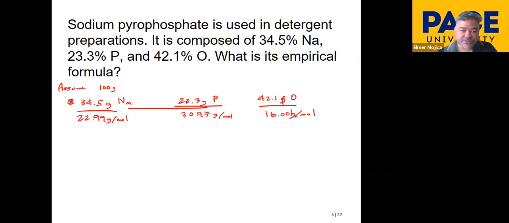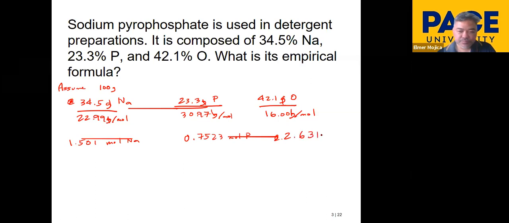So the grams are canceled, so each of them will have moles. So you have 1.05 moles of Na. This one you have 0.7523 moles of phosphorus. And this one you will have 2.63 of oxygen. So you convert everything into moles.